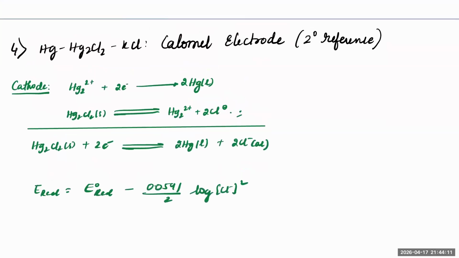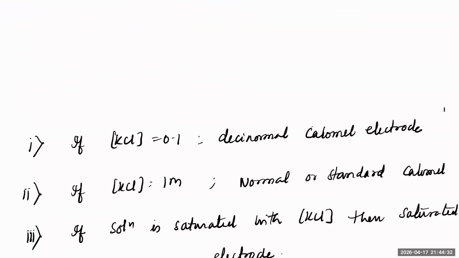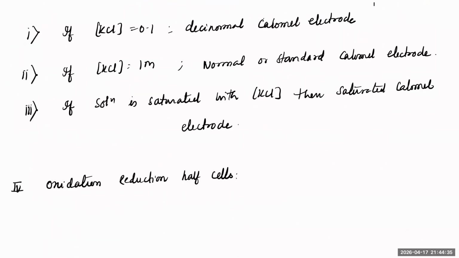Done, everybody? How to think about the calomel electrode? Now see, what about the concentration part?